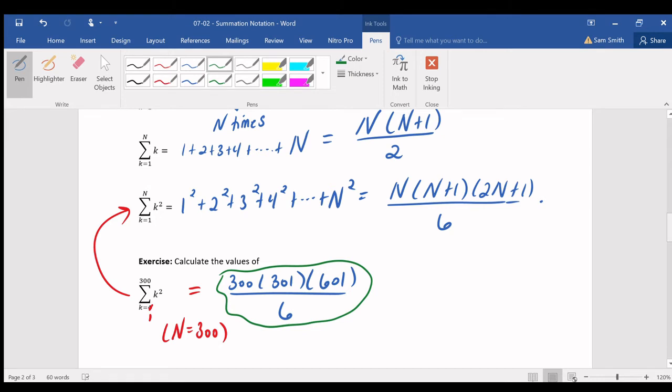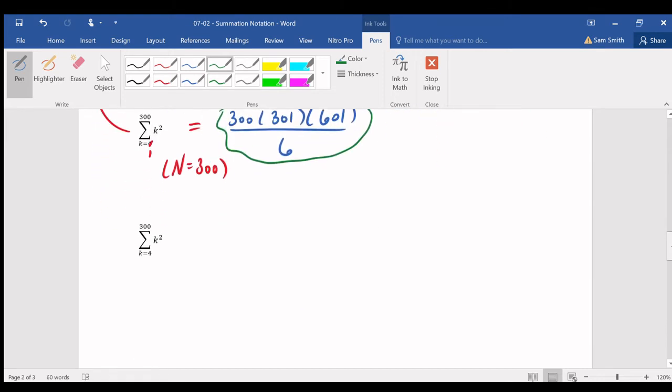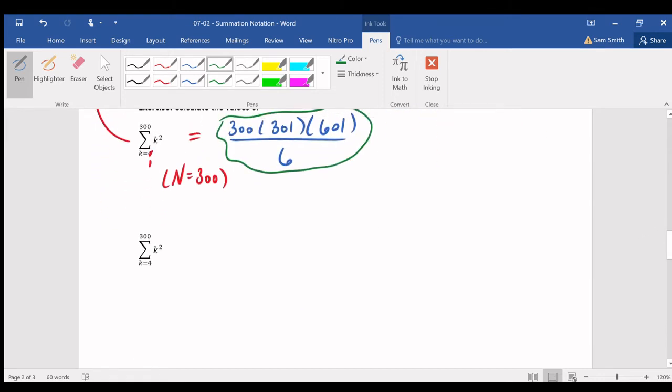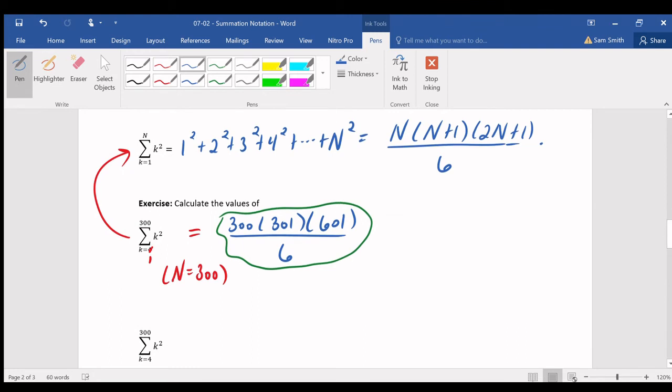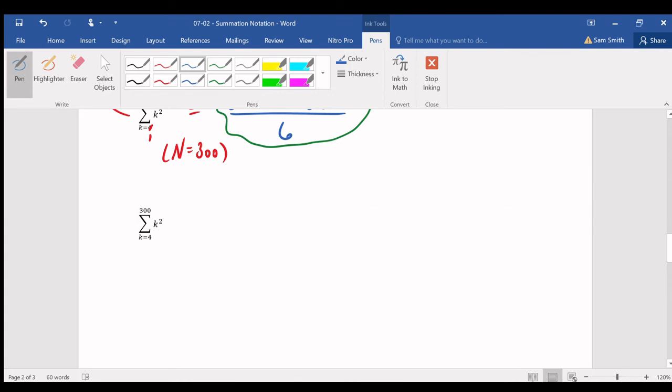Now let's consider a similar example. This time, what is supposed to be the sum as k goes from 4 to 300 of k squared. Now, in this case, we are unable to apply the above formula directly, because the above formula is valid for a starting value of 1, and we have a starting value of 4.